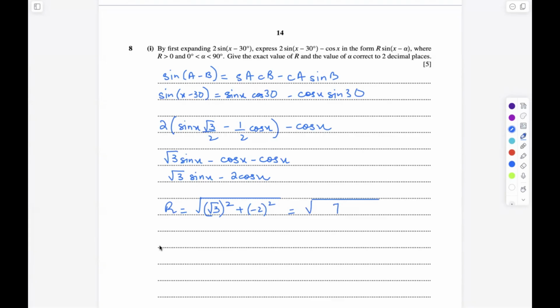To find alpha, alpha will be equal to tan inverse of 2 divided by root 3. Substituting this in the calculator, we get 49.106, which we can simplify to 49.11. So alpha will be equal to 49.11.